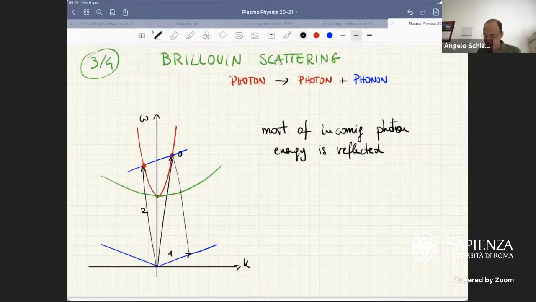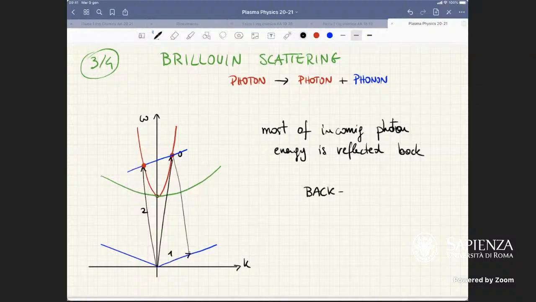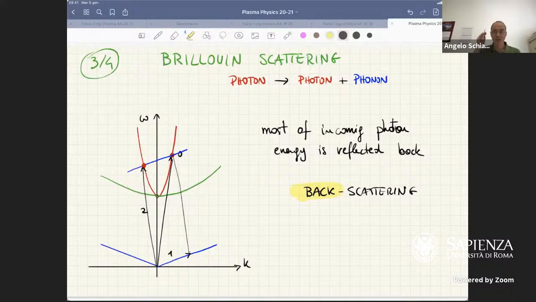So this is actually Brillouin backscattering, what we call backscattering. So we shine the laser, and that comes back towards us with very little energy deposition, almost as if perfectly reflected by the plasma, if this is occurring.